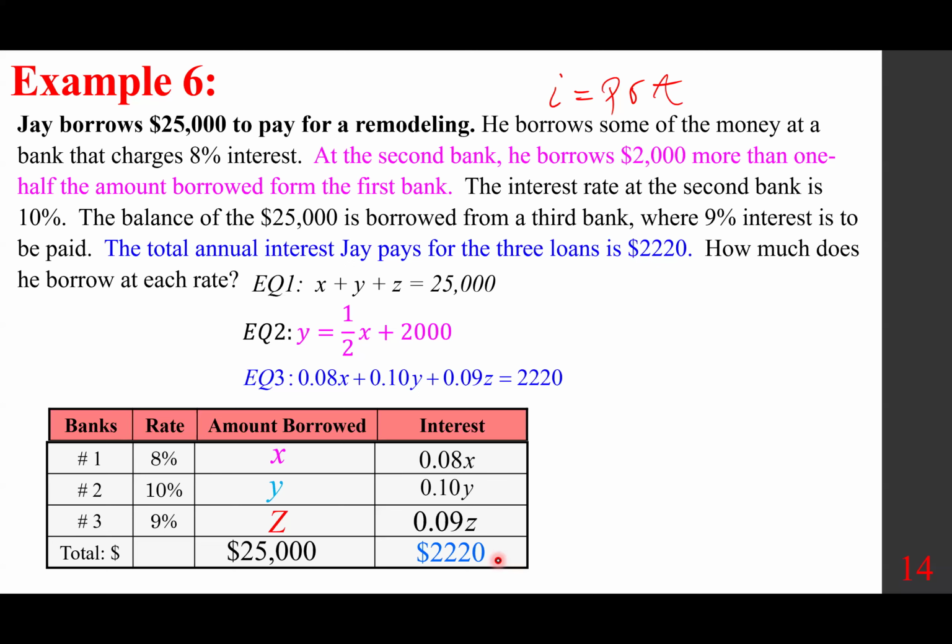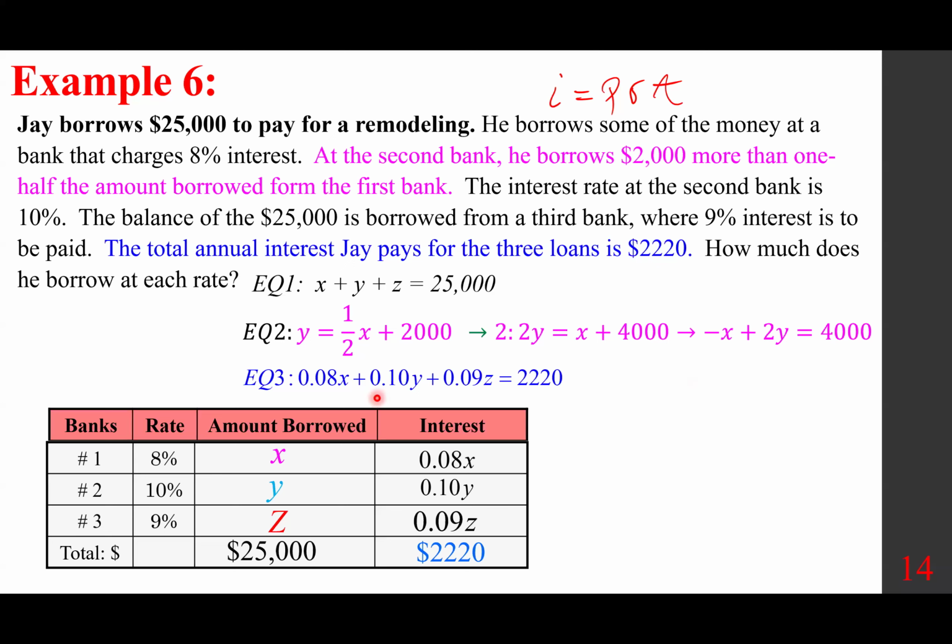To solve this, first and foremost, let's get rid of the fraction. That means if I multiply this by 2, I get 2y equals x plus 4,000. And if I want to put it in the format of the first equation, I bring the variables together, I move the x, I get minus x plus 2y equals 4,000.